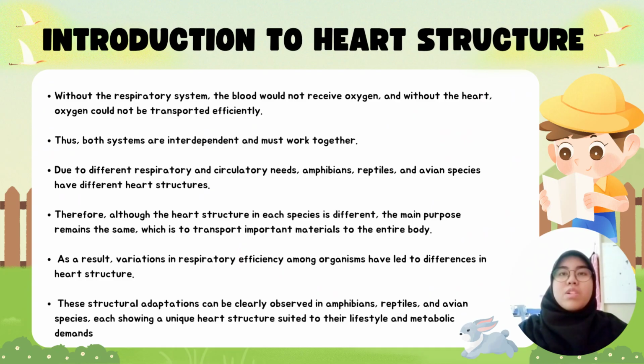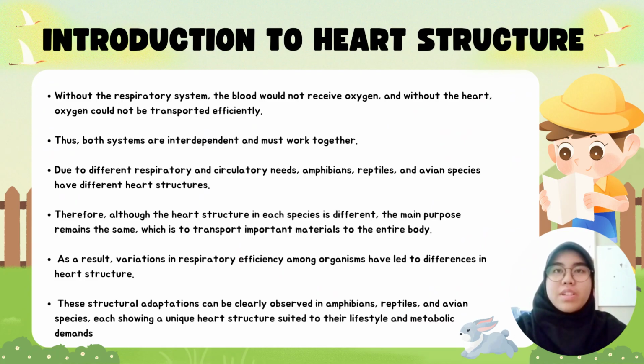Due to different respiratory and circulatory needs, amphibian, reptiles, and avian species have different heart structures. Therefore, although the heart structure in each species is different, the main purpose remains the same, which is to transport important materials to the entire body.